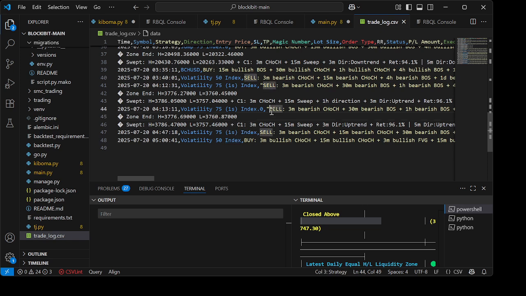Here we have this swept, so the high is 3786.